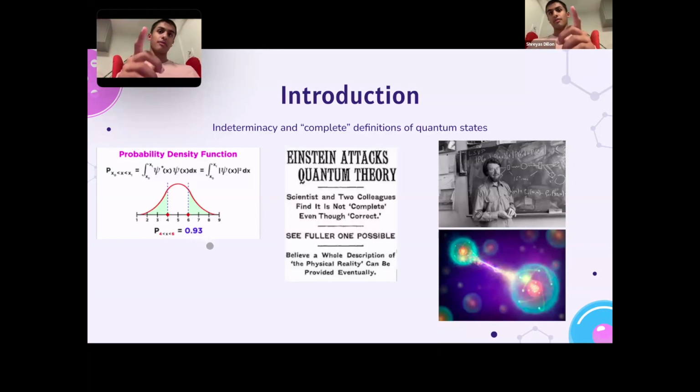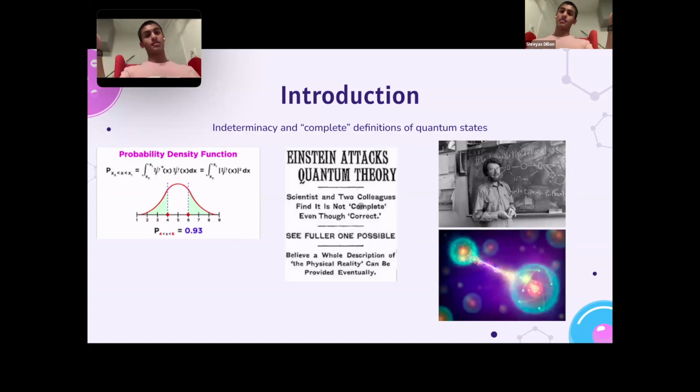But the important thing to remember is before actually measuring it, you still don't know where it is. You only have the weighted "oh, it could be here with this probability and it could be here with this probability." And this feature of quantum mechanics is something many, many physicists found troubling and puzzling.